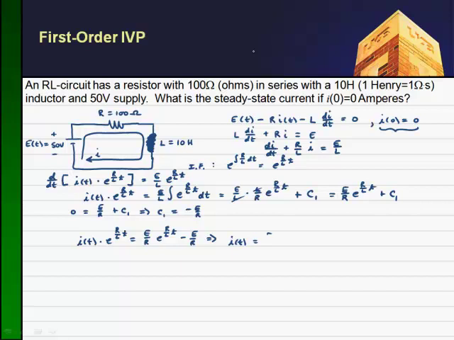So here I'll get an E over R, and this will give me 1 if I multiply it by E to the minus R over L times t, minus E over R E to the minus R over L t. And I can factor out an E over R, and I'm left with 1 minus E to the minus R over L t.